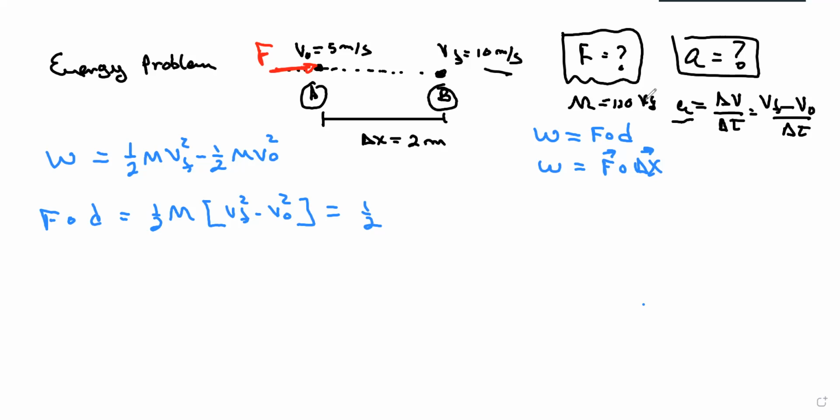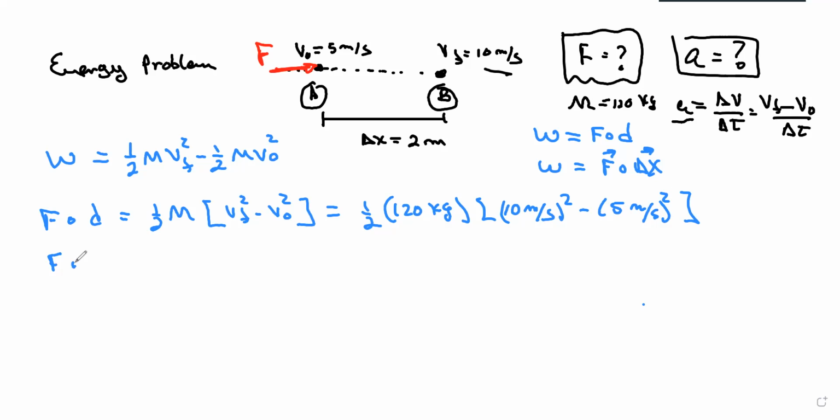So it's 1/2 of the mass, which is 120 kilograms, times 10 meters per second squared, minus 5 meters per second squared.